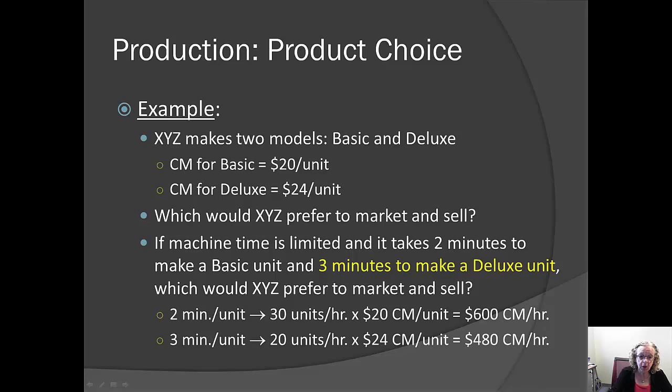At a contribution margin of $24 per unit, that means spending an hour generating deluxe units would only yield $480 of contribution. Based on that, the firm would much rather make basic units than deluxe units because it makes better use of the firm's constraining resource, machine hours.